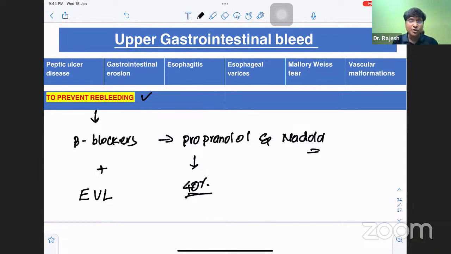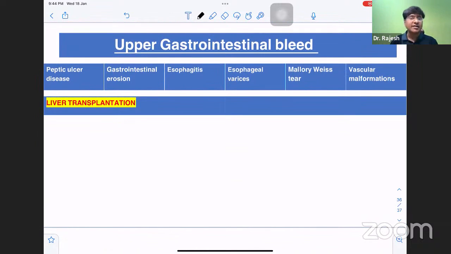Then the next important point is, in patients with cirrhosis of liver with portal hypertension, when will you do liver transplantation? Orthotopic liver transplantation should be assessed in all patients with chronic liver disease and bleeding due to portal hypertension.